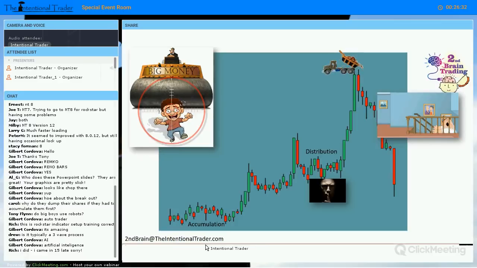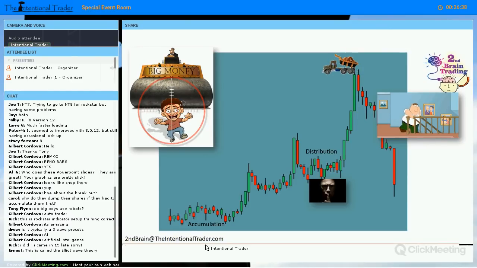Drew, it's typically a three-way process because that's about an average. Don't ever get trapped in a three-way, assuming that it's three-way, because as soon as you do, this isn't Elliott Wave, they're going to spank you.